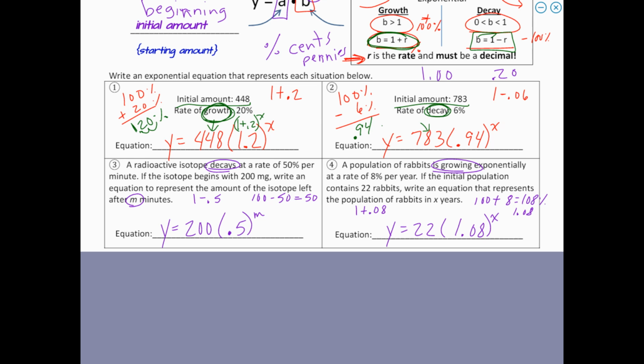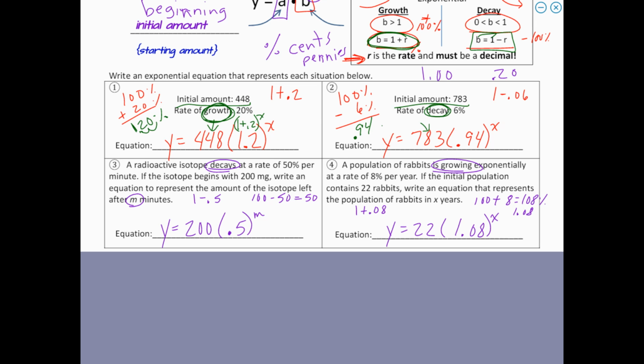So this one hopefully was a little bit easier since we walked through those other ones. The very first one, number 3, was a decaying problem, which means you had to subtract: 100% minus 50% leaves you 50%, or 1 minus 0.5 is 0.5.